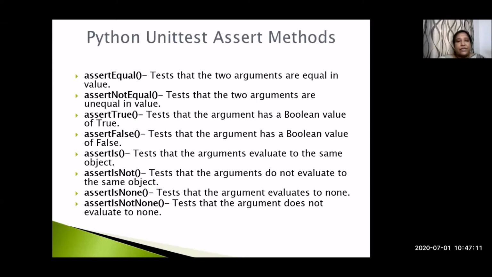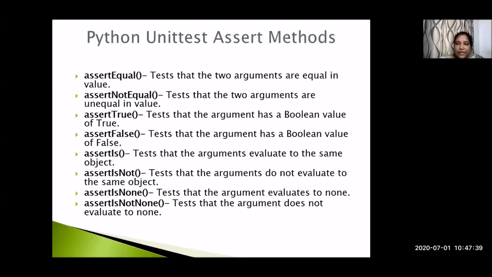The first one is assert equal, which tests that the two arguments are equal in value. Assert not equal means the two arguments are unequal in value. Similarly, assert true means the argument has a boolean value of true, and assert false means the boolean value of false.